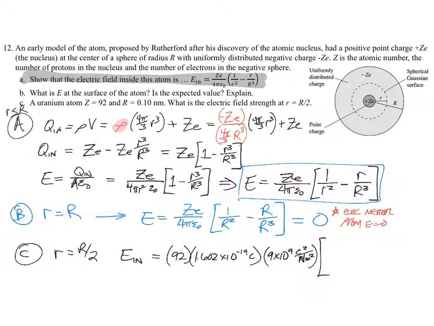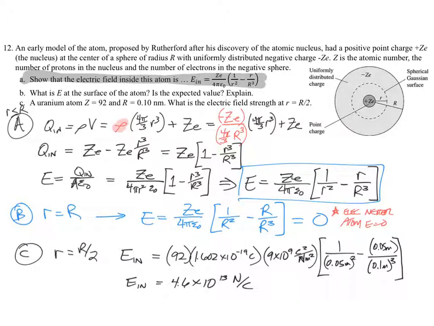And then we would have 1 over, and we're doing it at half that big R, when little r is half big R, so that's getting squared, minus that number not getting squared, but over the big R cubed, which is 0.1 meter cubed. And so we do all of that, and we're going to get 4.6 times 10 to the 13 newtons per coulomb. And that, my friends, is a wrap.